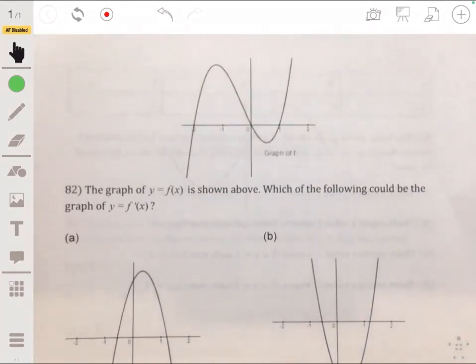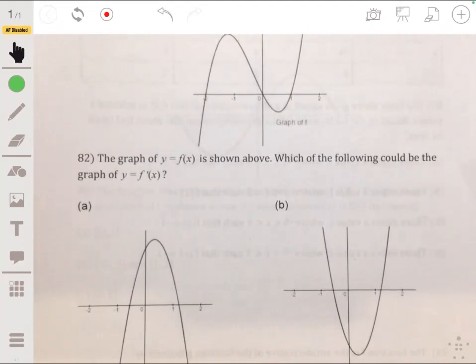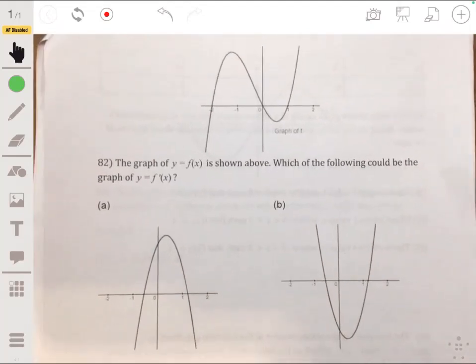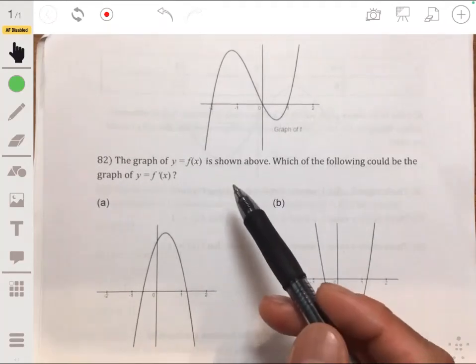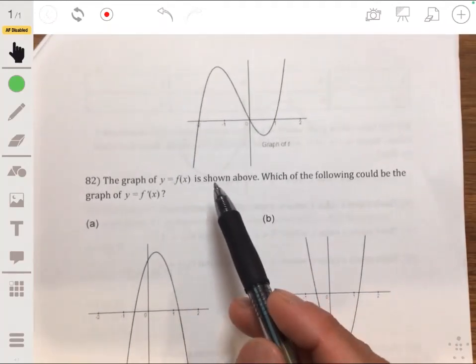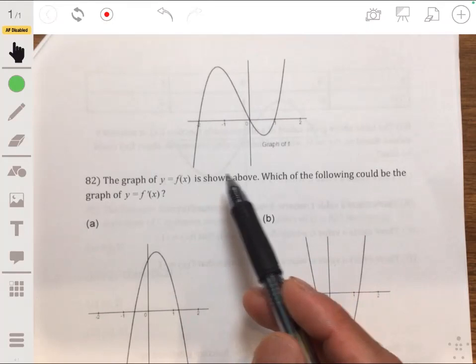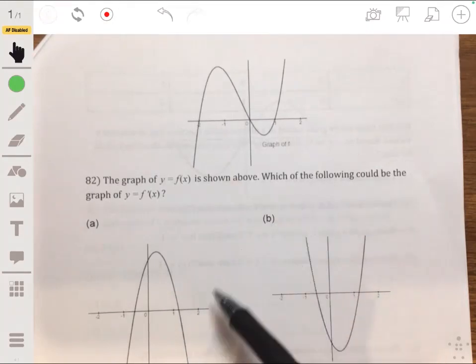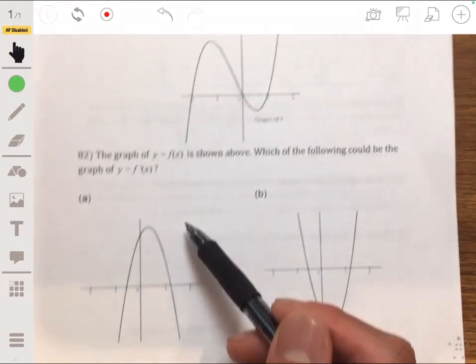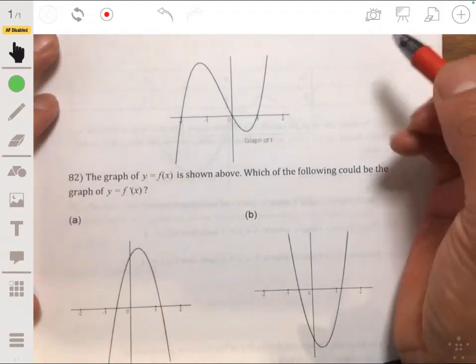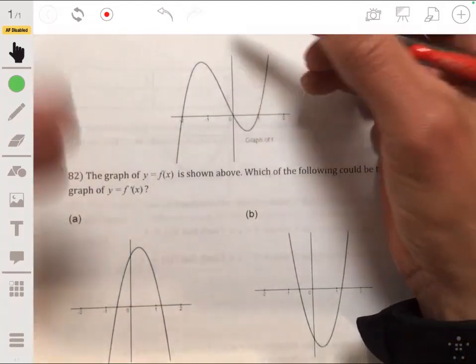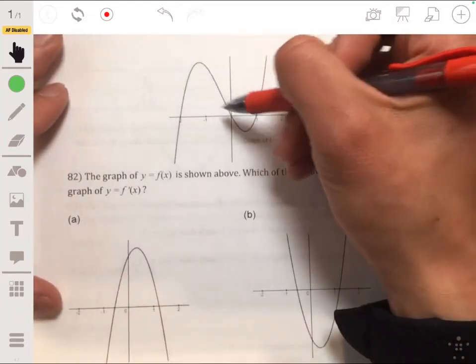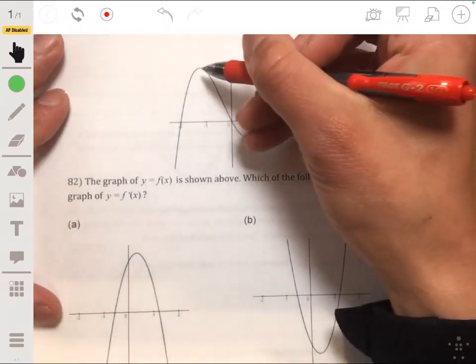Right, 82. Okay, this is one of those conceptual picture ones. For this one, we're given the graph of f, and we need to figure out which one of these graphs below could be the graph of its derivative. I usually work in the sense where you want to just understand the sign of the derivative.